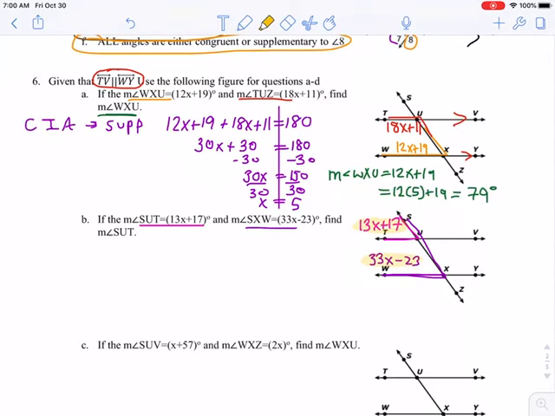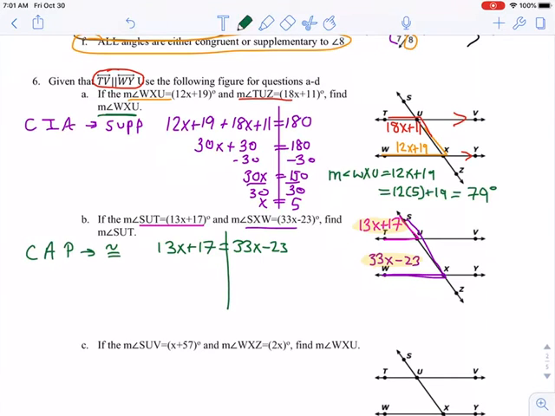What's the relationship between these two angles? We have corresponding angles, so we're going to use the corresponding angles postulate. What's so great about corresponding angles? They're congruent. So I'm going to say 13x plus 17 equals 33x minus 23.